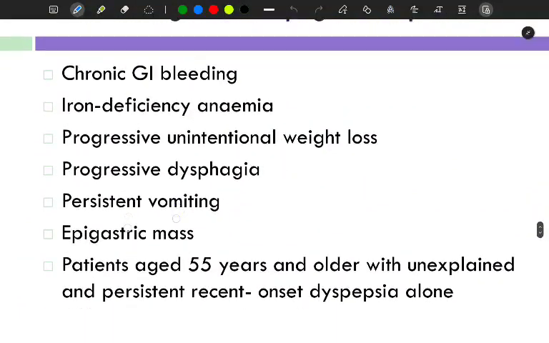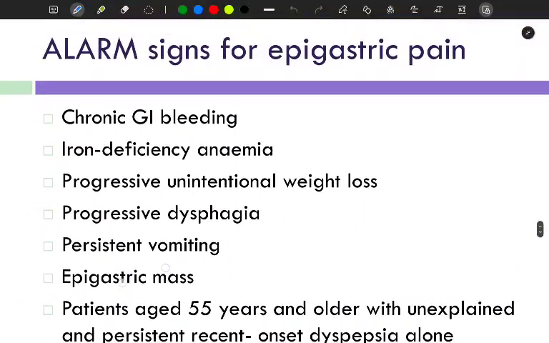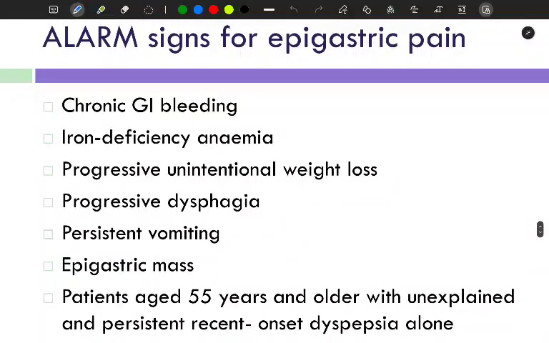Alarming signs of epigastric pain: chronic GI bleeding, iron deficiency anemia, unintentional weight loss, progressive dysphagia, persistent vomiting, epigastric mass on exam, and patients above 55 with unexplained, persistent onset of dyspepsia. This should alarm you, and any mild symptoms as well.